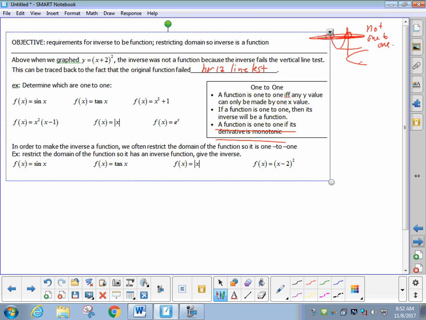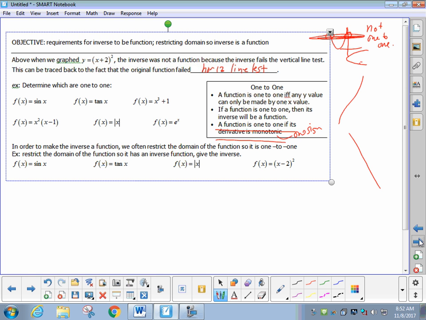A function will be one-to-one, which is to say it'll behave in a way that has only one y value for every x value, if the derivative is monotonic. What the heck does that mean, monotonic? It's one sign is what it means. Now, if the derivative is monotonic, it's one sign.